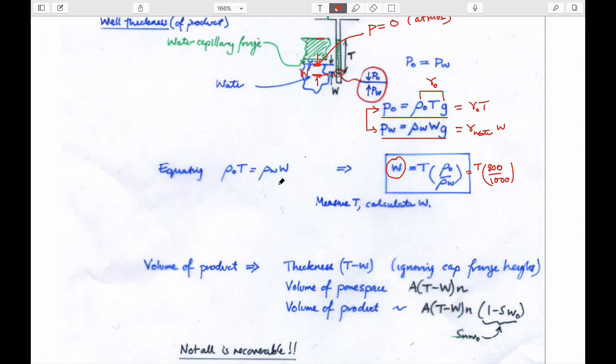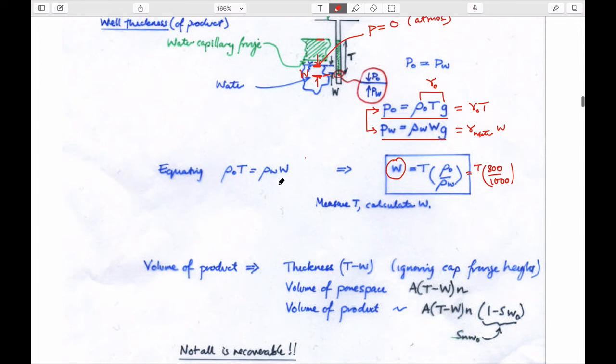And so, if we wanted to calculate the total amount of fluid that was recoverable, then one way to look at it would be to do two things. We know that the true thickness of this is just the thickness minus the height. So in other words, this green thickness here is just T minus W by definition.